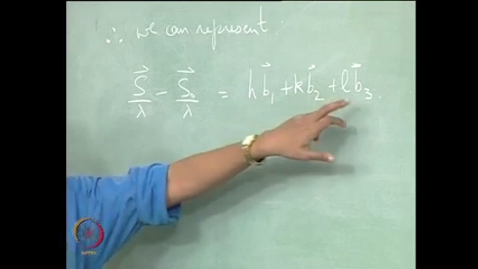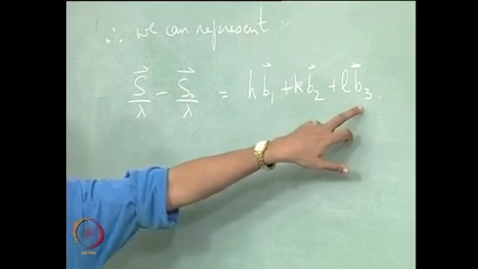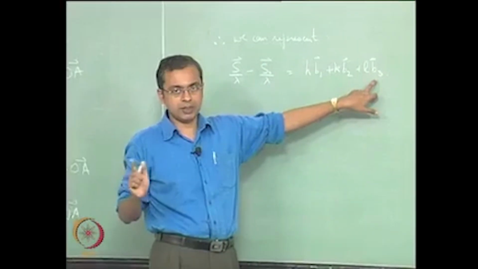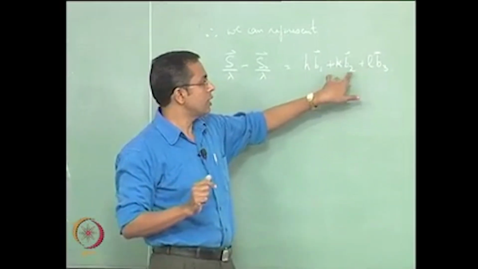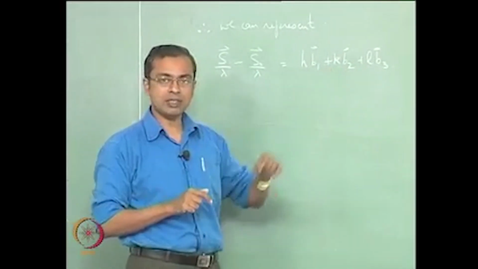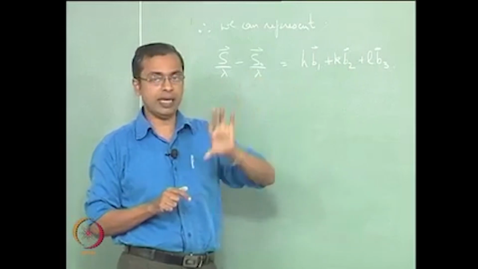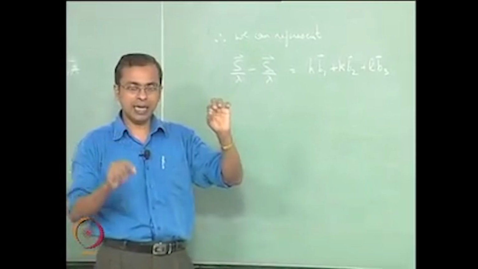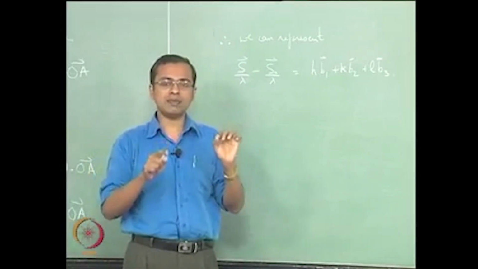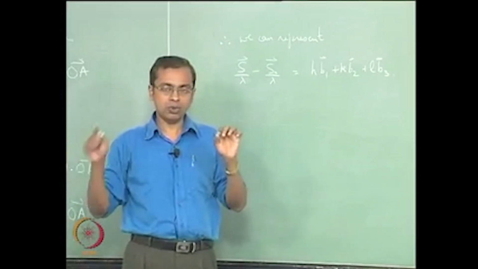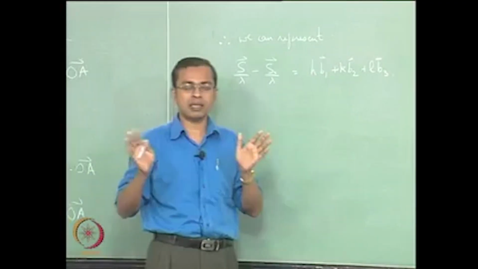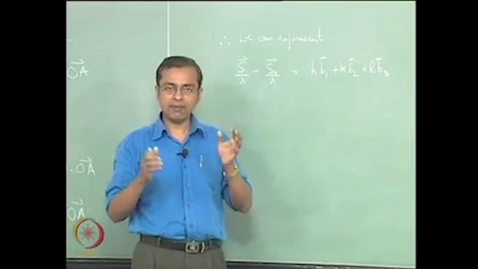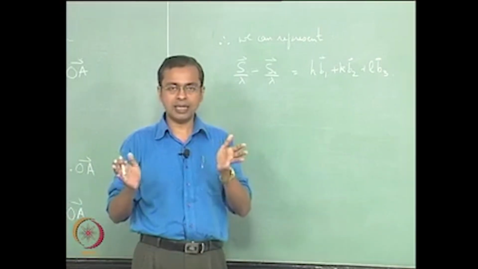B1, B2 and B3 are unit vectors in reciprocal space, corresponding to the A1, A2 and A3 which we used to define OA. When we positioned two atoms, one atom at O and one atom at A, we used real lattice vectors A1, A2 and A3. Those are unit vectors defined for that particular real lattice, so they have specific magnitudes and directions.